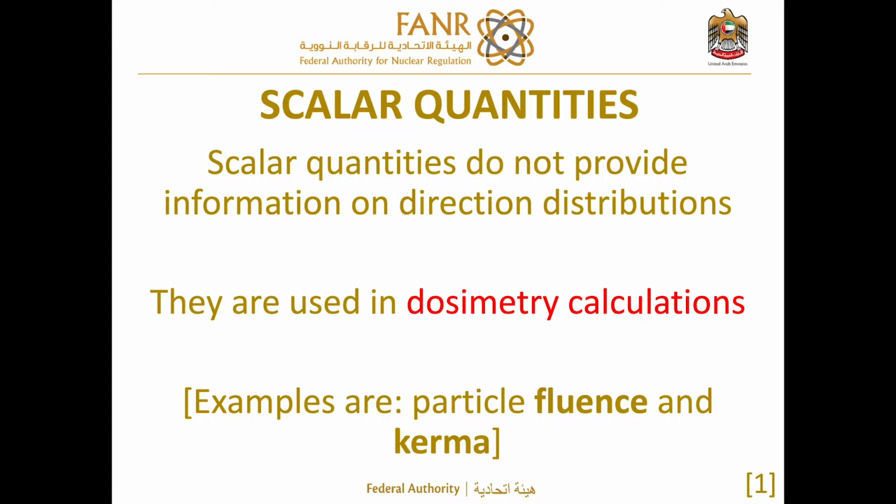For example, that the beam is monodirectional, so we don't need to specify the angular distribution, or that the energy has a specific distribution, for example, homogeneous, so we don't need to describe any additional characteristic depending on space, direction, or time. An example of these quantities are the particle fluence and kerma. You will hear more about them because we are going to describe and define them later.